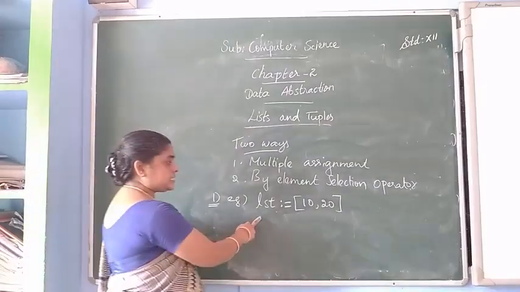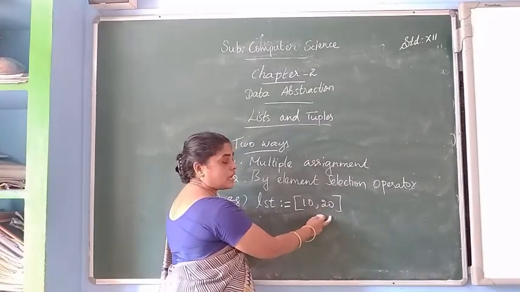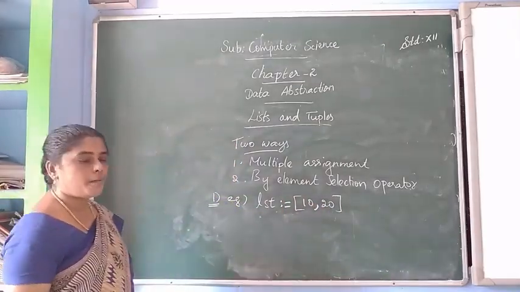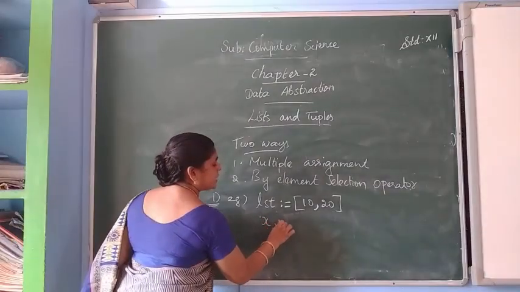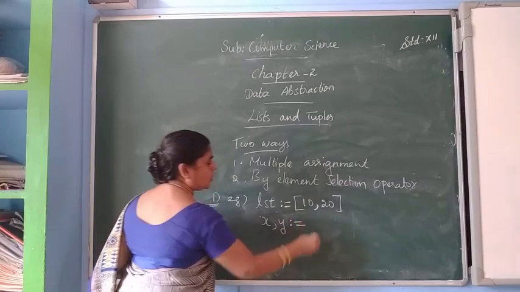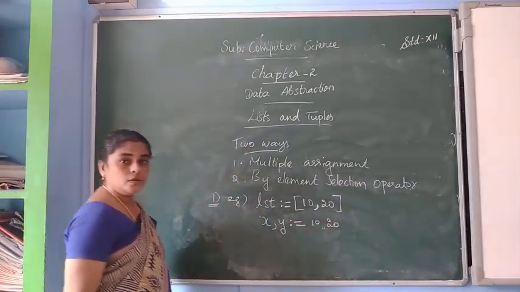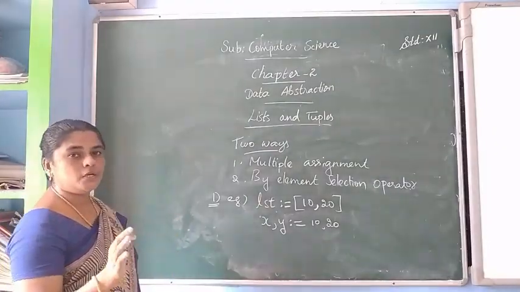So in a list, within square brackets, two values are separated by comma. This is an example. Then, x comma y colon equal to 10 comma 20.